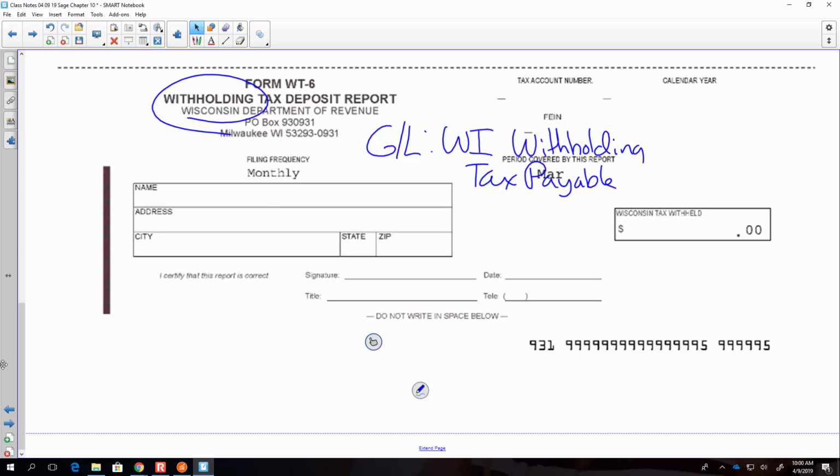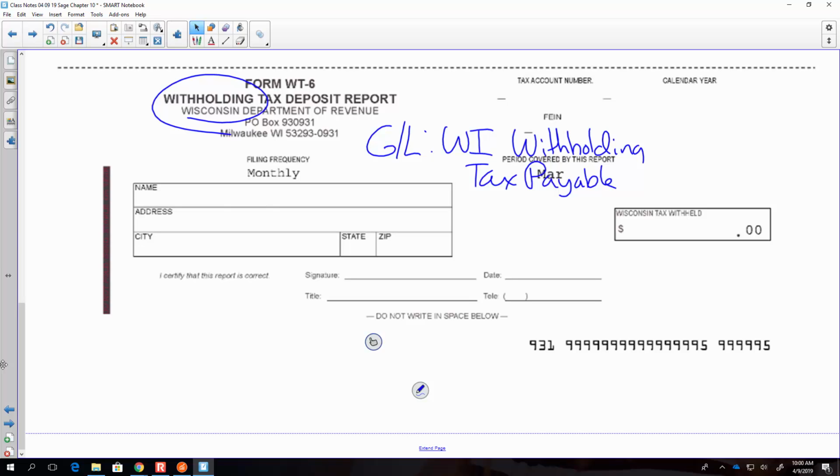It's a payroll tax, right? Just like the Fed has a federal withholding tax payable, in Wisconsin we're also withholding each employee's income tax. We're collecting it so that at the end of the year, hopefully they get a refund. That's kind of the goal.